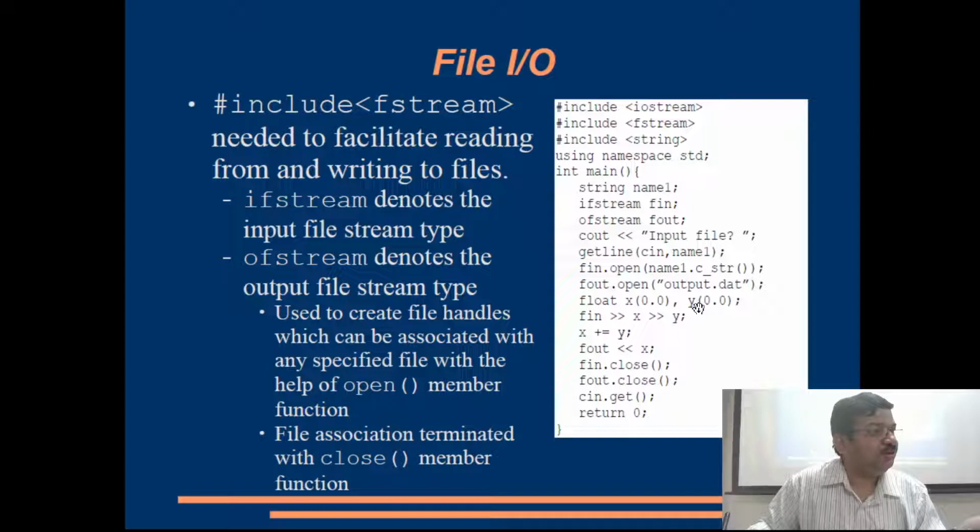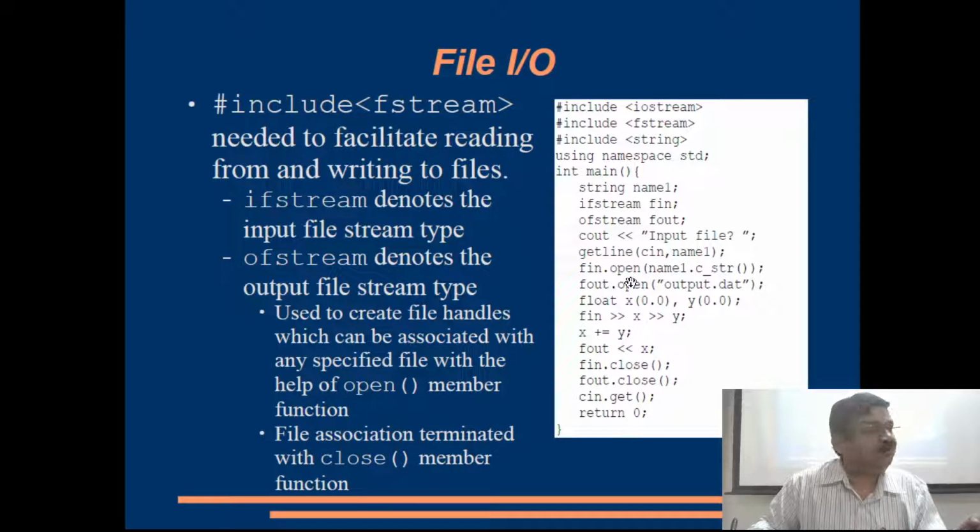So this output.dat. Now when I access fout, I am effectively accessing output.dat. So instead of cout, I will use fout. Whenever I write to fout, I will be writing onto output.dat.